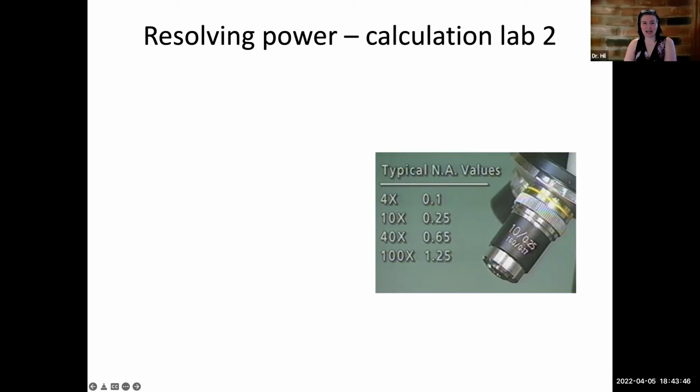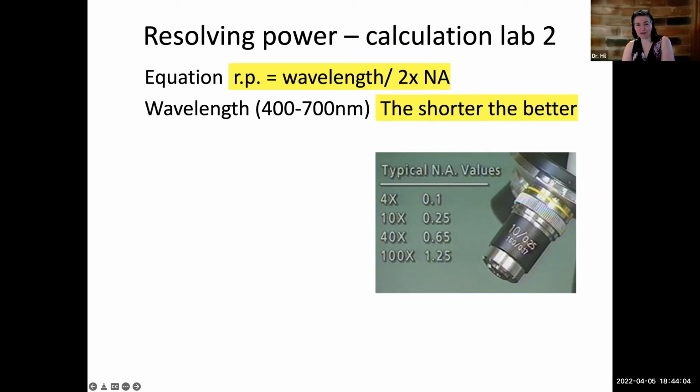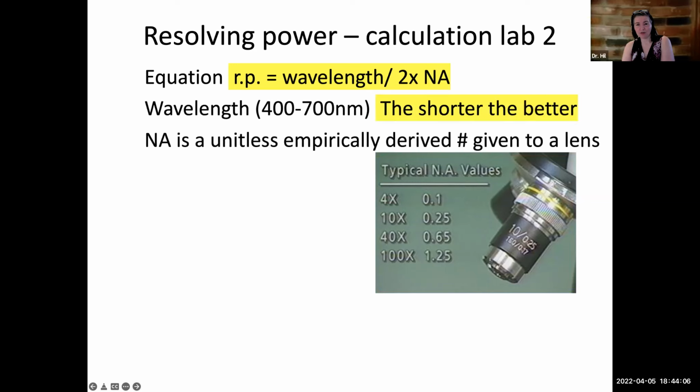Now, what is NA? The other part of this equation is NA, and that's in the denominator of the fraction. And the NA is a value that's written on the side of the objective on a microscope lens. And so it's just given to you. If we want a small RP, what do we want our NA to be?